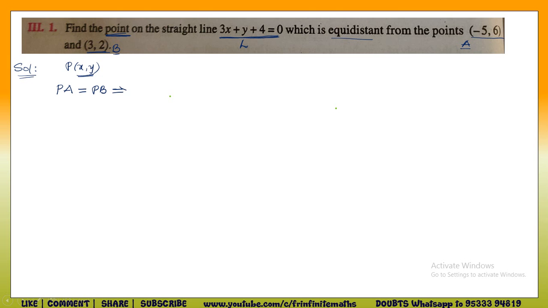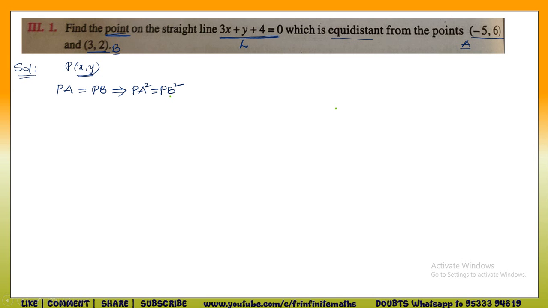Since we need to apply the distance formula here, PA means the distance between P and A. So PA square is equal to PB square. When you square it, we can eliminate the square root contained in the distance formula.